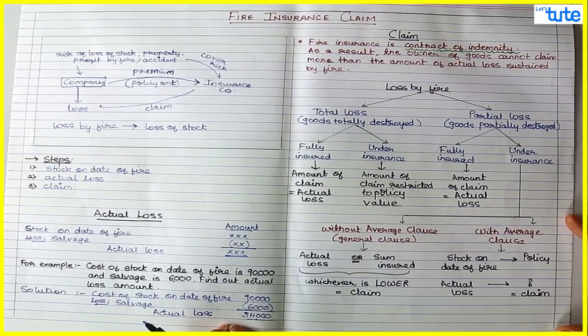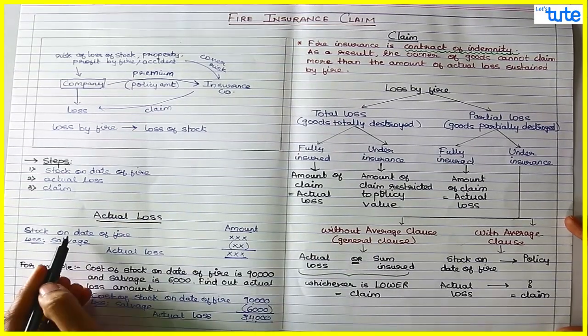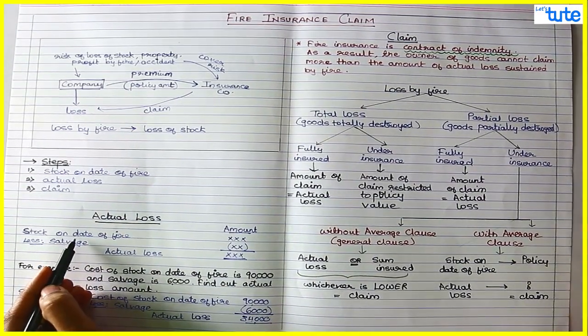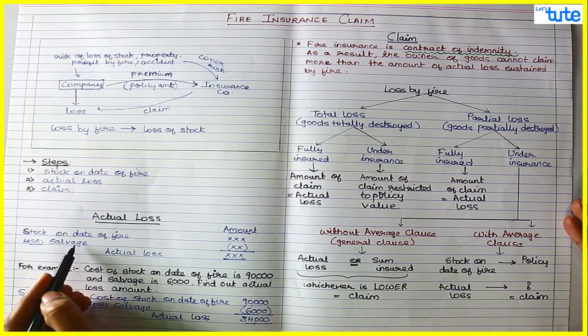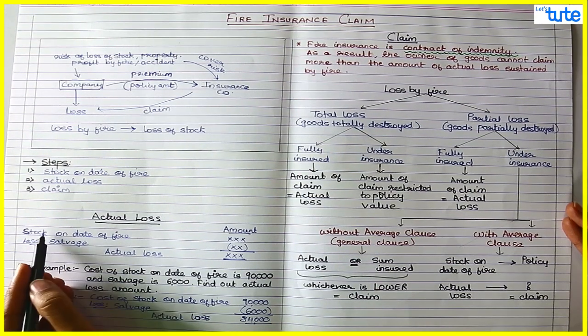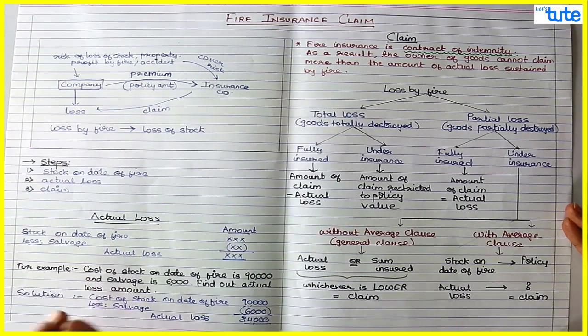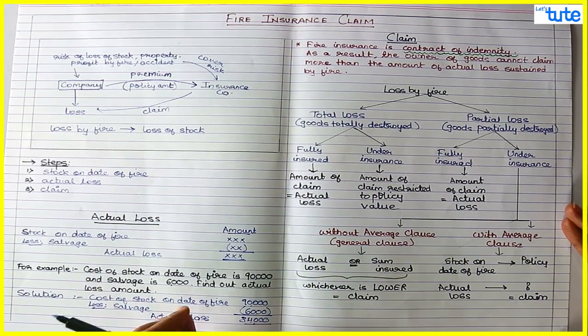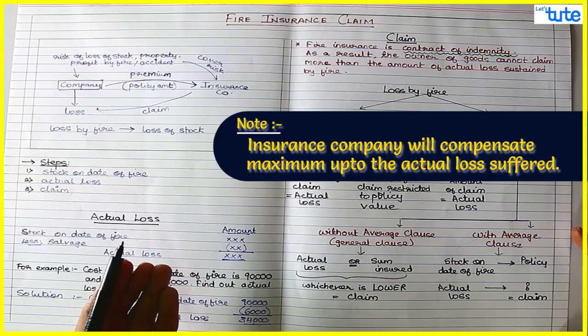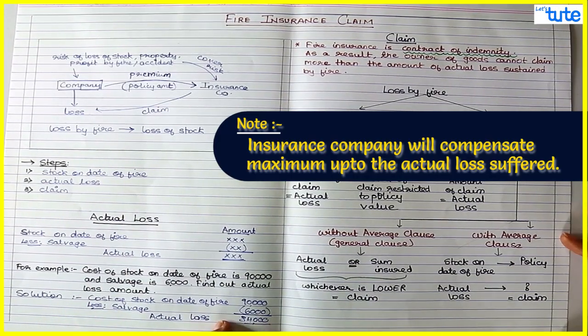So in this case, we need to find out the stock on date of fire, which we'll discuss. Salvage they generally give you in the question, so that you deduct it from the cost of the stock, and you get the actual loss. And do remember that the insurance company will compensate you for only the actual loss which you suffered.